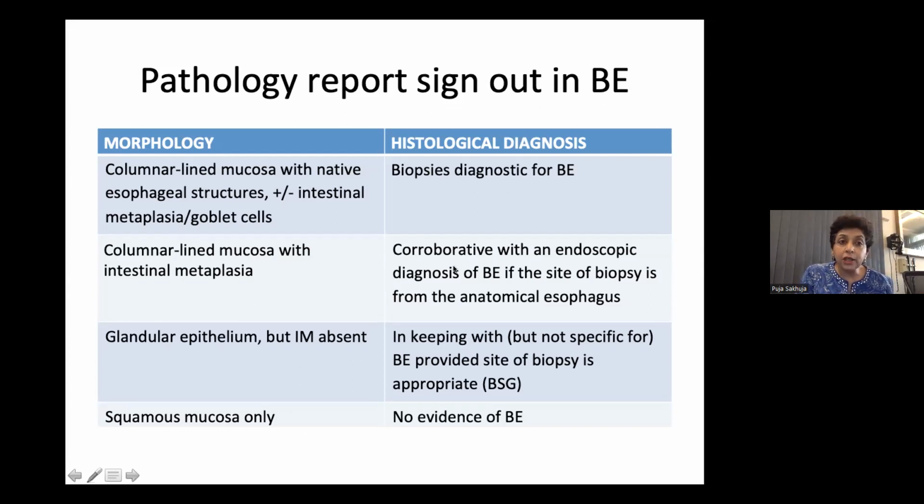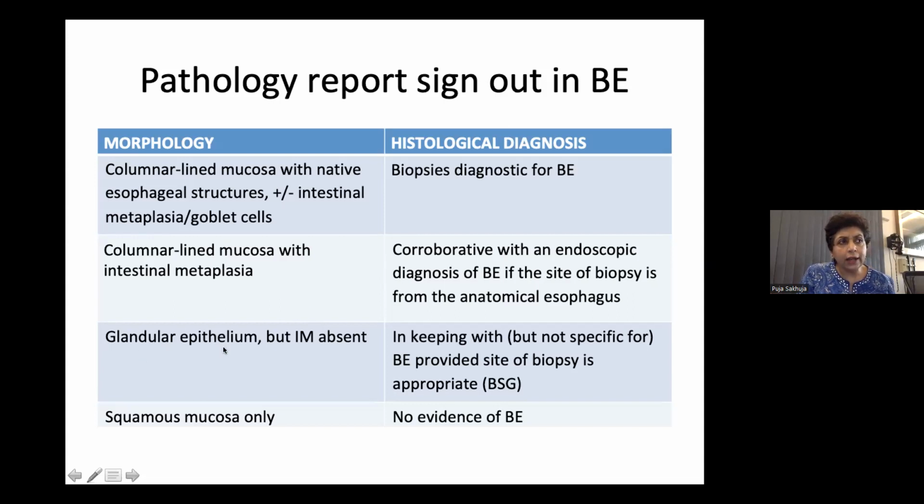If the biopsy is closer to the GE junction, it may well be intestinal metaplasia at the cardiac end of the stomach, and therefore that should be left for clinical correlation unless you have mentioned the site of the biopsy on the form, which is why it is very important to mention the site of biopsy on the form.